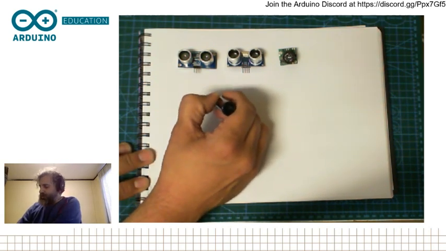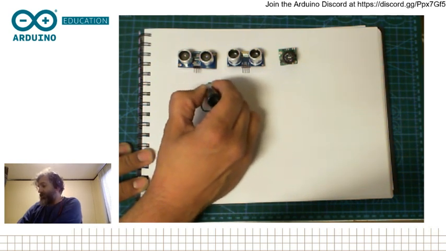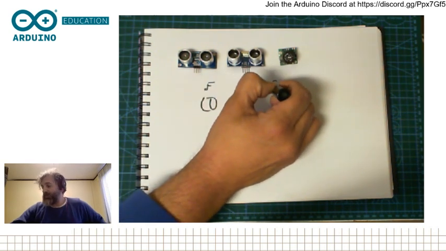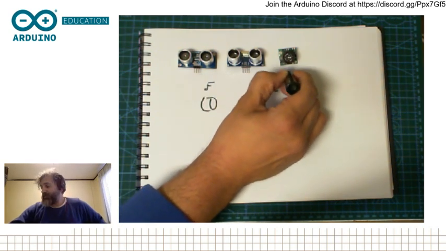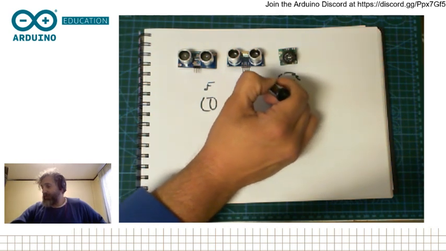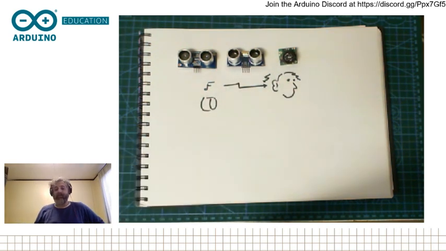So typically ultrasound works through the emission of a tone. So this is a tone, but it's at a frequency that the human ear theoretically can hear. So this is a person, and this is actually silent for us. We don't hear it.